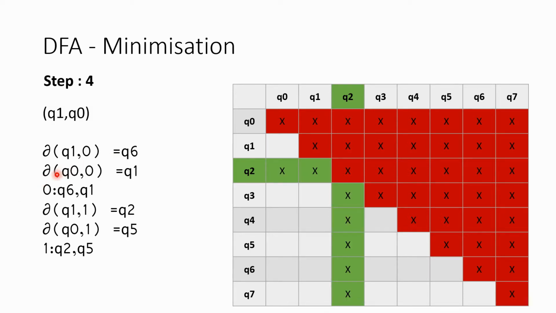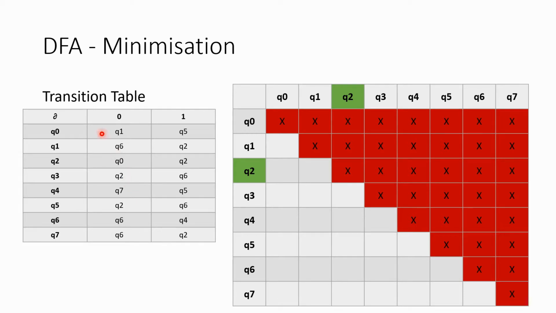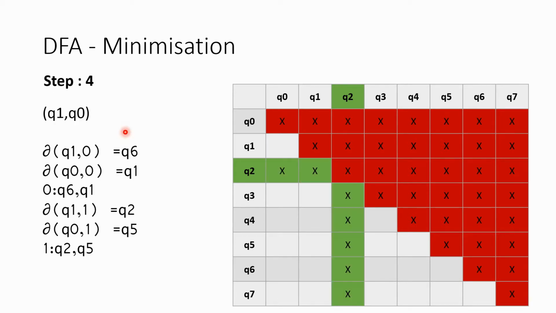Similarly, for Q0, the transition function for the value 0 is Q1, which could also be taken from the transition table. So for the input value 0, we have the new tuple set Q6, Q1. Similarly, we are finding the transition values for Q1 and Q0 for the input value 1.